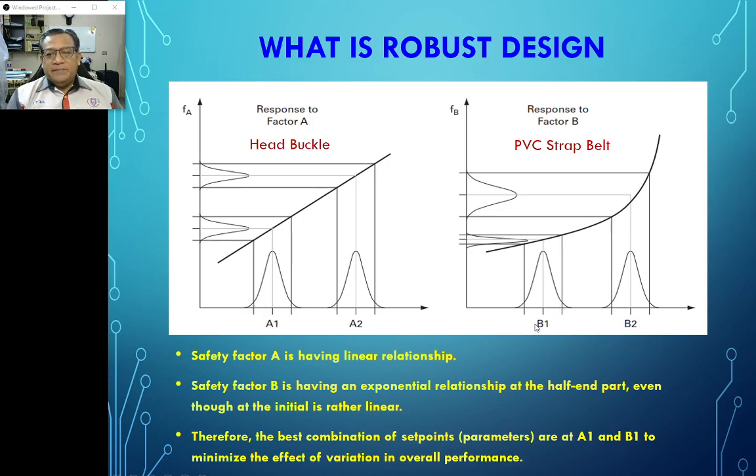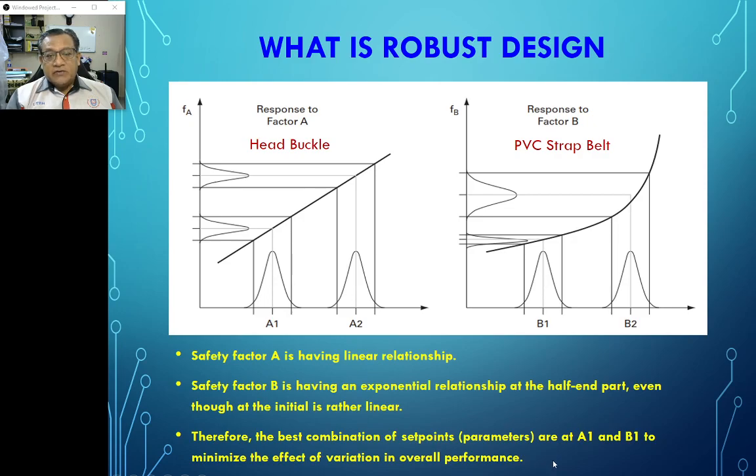So A1 and B1 is the combination of maximum performance, maximum signal with less noise, because both of them generate this linear trend kind of relationship. So this is linear, moving upward, and this is also rather linear, moving upward, perhaps with a lesser inclined angle, right? So that's why A1 and B1 is the best set to maximize performance and minimize noise or minimize variation, right?